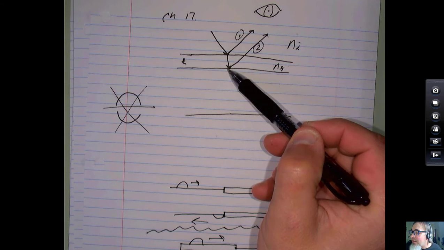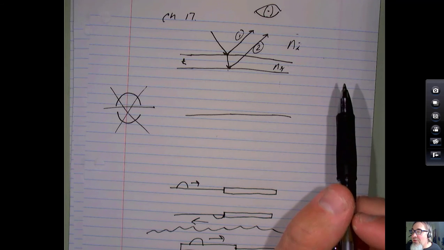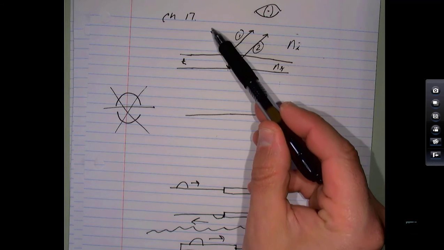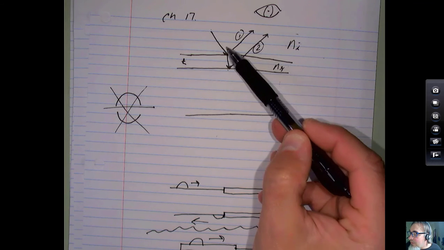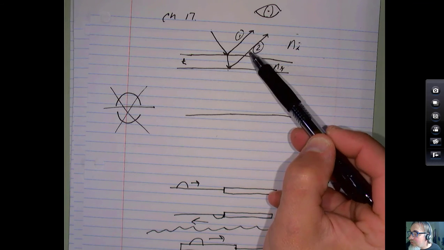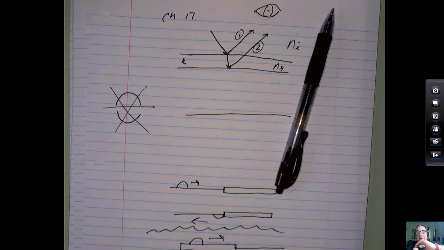It could either flip upside down or not flip upside down, so we have to take those into account. If this ray comes in, the reflected ray flips upside down, and this reflected ray does not flip upside down, they could arrive at your eye one maximum and one minimum. So we've got to take that into account.